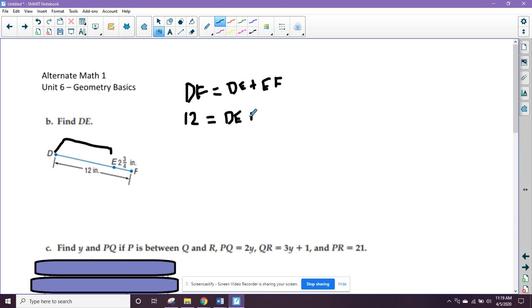And then EF here is 2 3/4. So, how do we get DE by itself? We have to solve for DE, so we have to get rid of the 2 3/4. So we're going to subtract it on both sides.